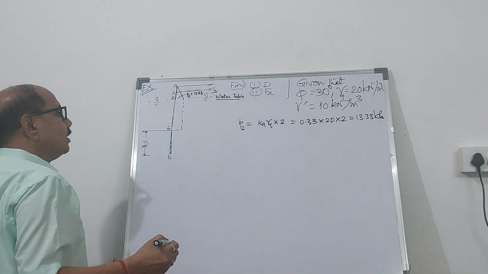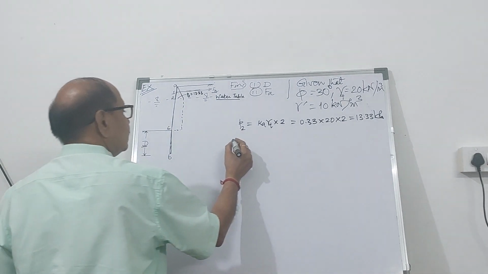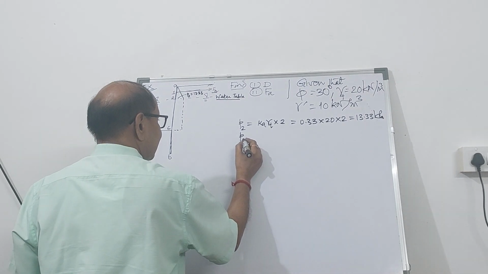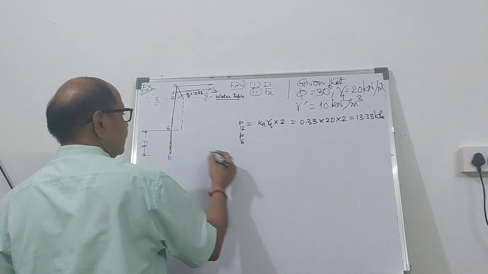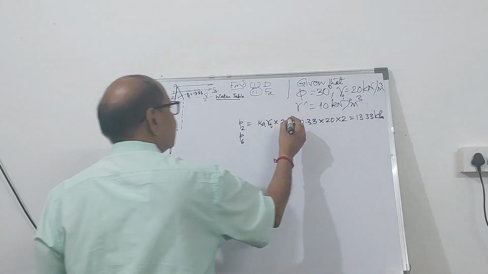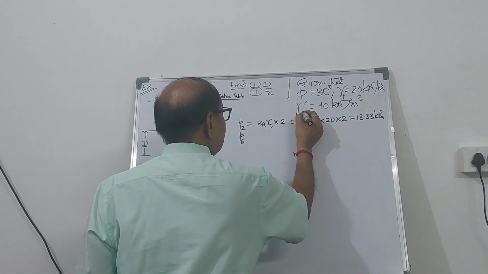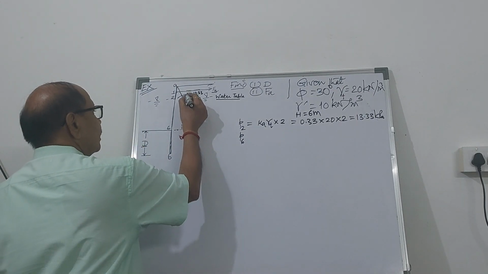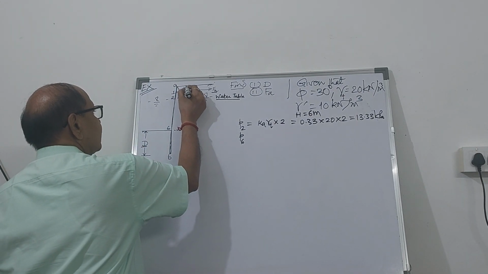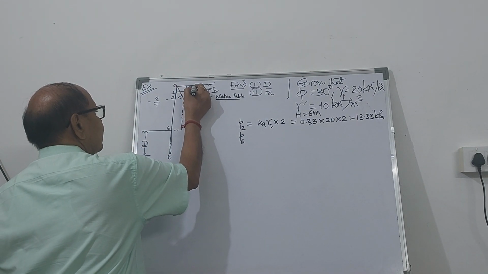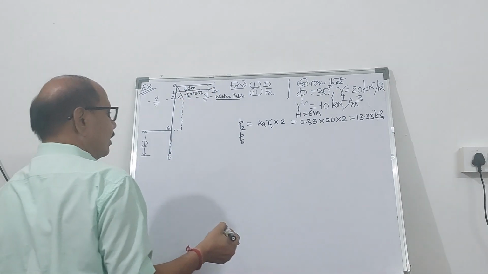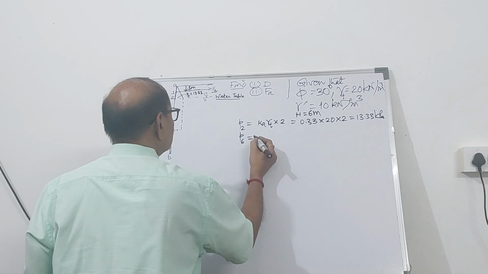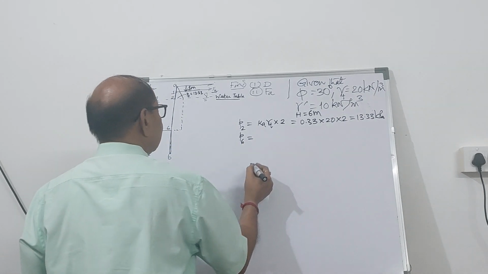Now below the water table, the active earth pressure P at 6 meter, that is here, because the total height is 6 meter, and the anchor rod has been provided at 1 meter from the top of the backfill. So P6 value, you can find it out.